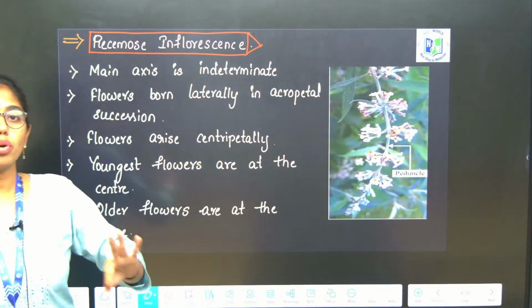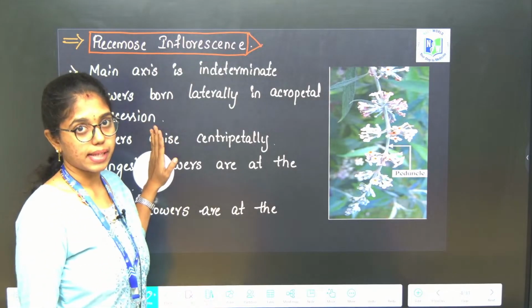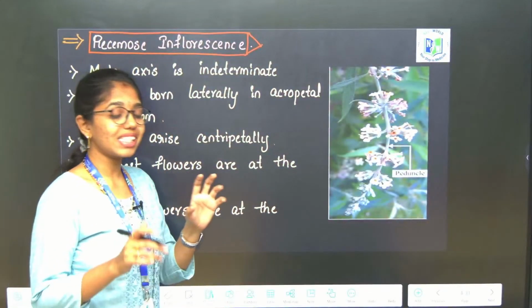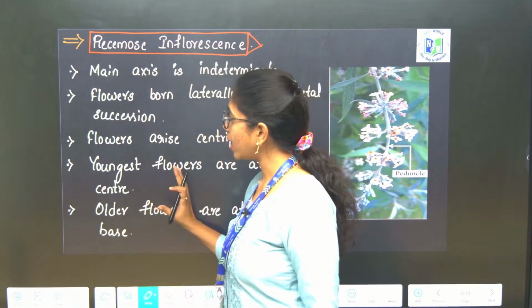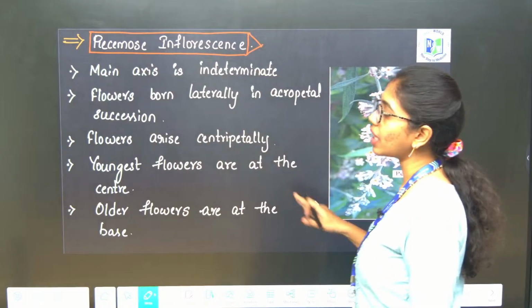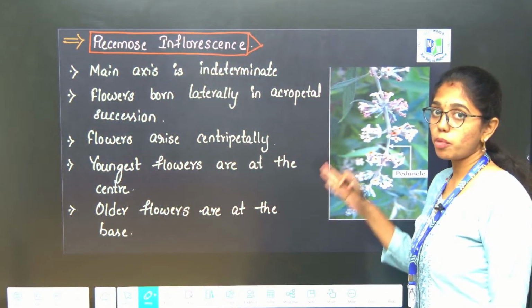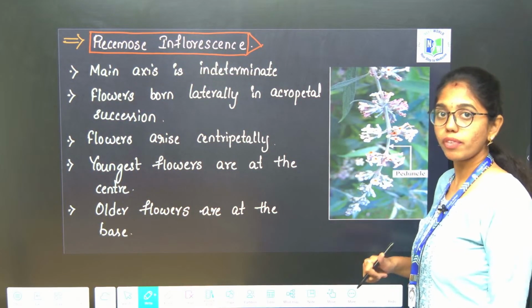This you have to go through for your EAPCET exam. For NEET, just the differentiation between racemose and cymose is enough, but for EAPCET you have to look into the further classifications of racemose, cymose and special types of inflorescence.